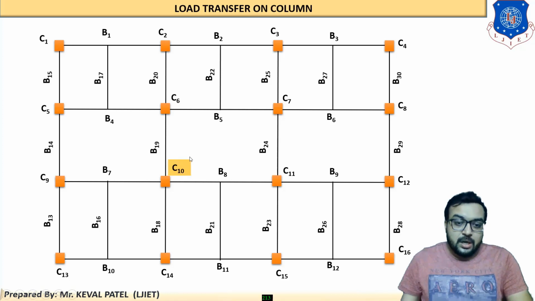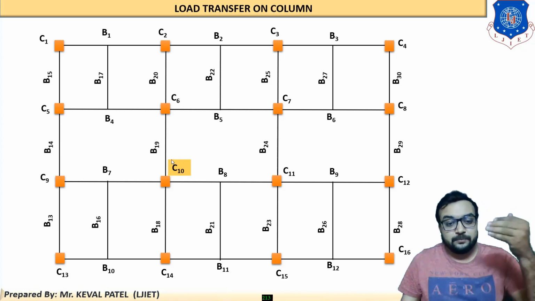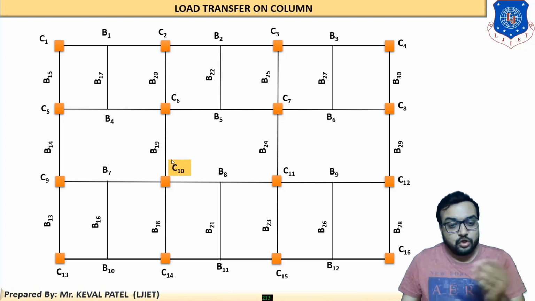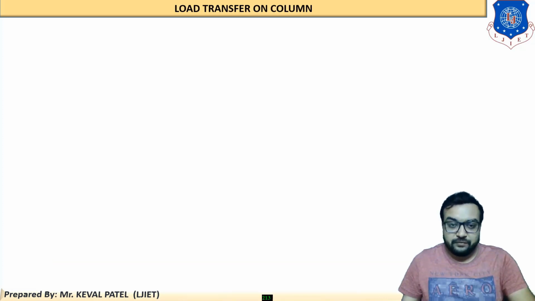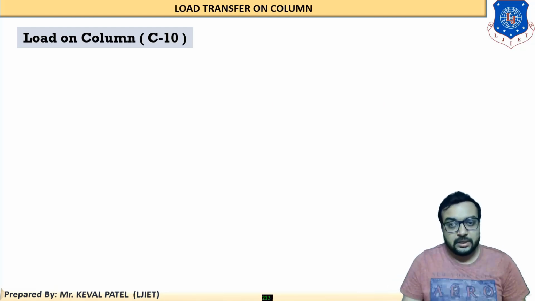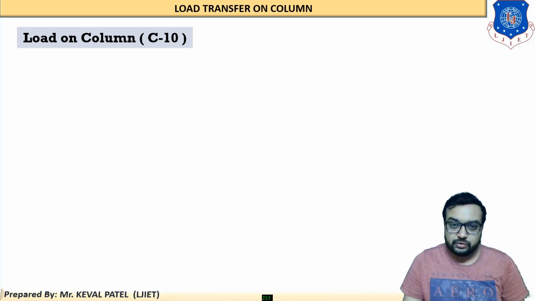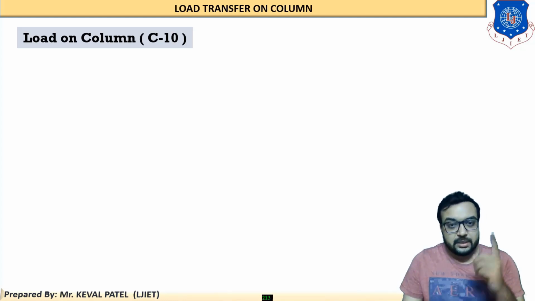Students, first of all, the slab's load is transferred to the beam and the beam to the column. Now moving to the load on column C10. There are mainly 5 types of loads transferred to the column. The first one is roof slab load, also called terrace slab load.